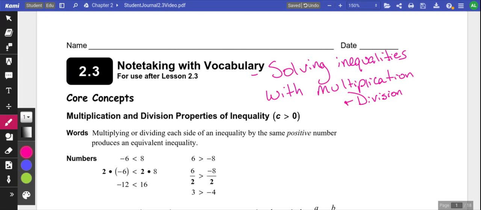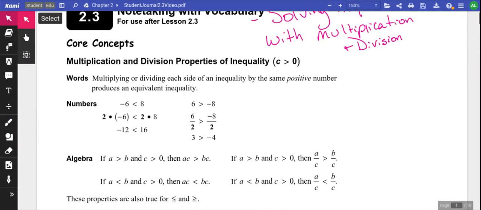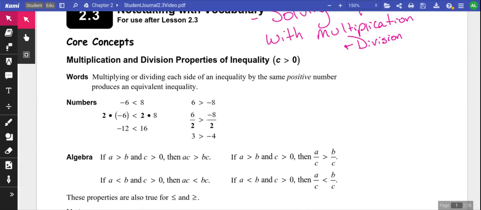The reason we split this up into two sections is there's a couple special rules about multiplying and dividing both sides by a negative number. Okay, so let's go through positive first, since that one's a little bit easier.